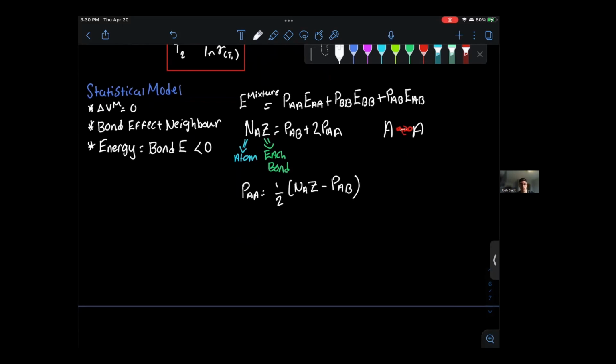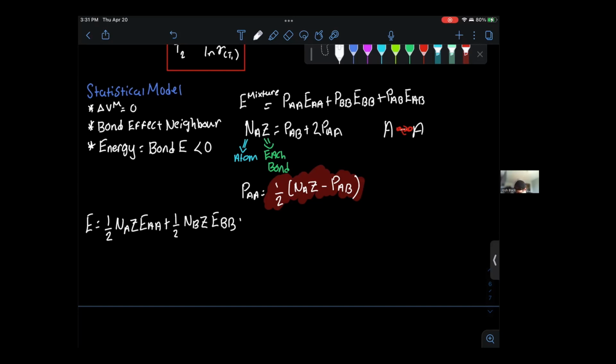Now, if we place this term here in place of PAA and PBB, our energy is going to be equal to 1/2 A coordination number, EAA, plus 1/2 B coordination number, EBB, plus the number of AB bonds multiplied by the total energy of the AB bonds minus half of EAA plus EBB, which is just the average like bond energy.